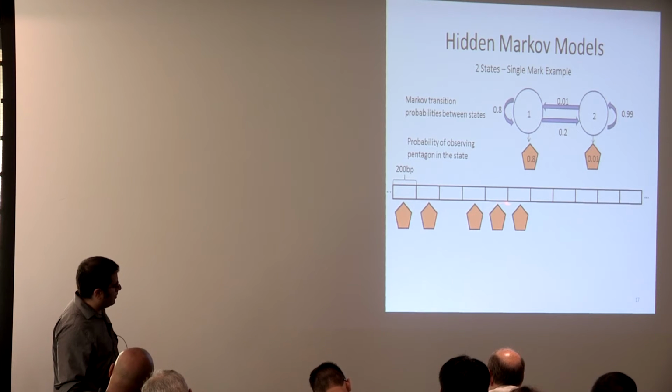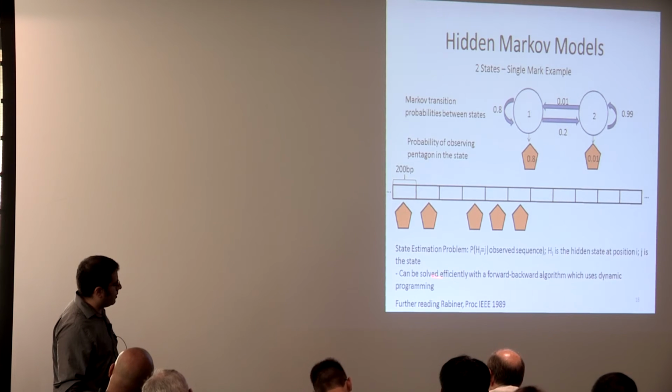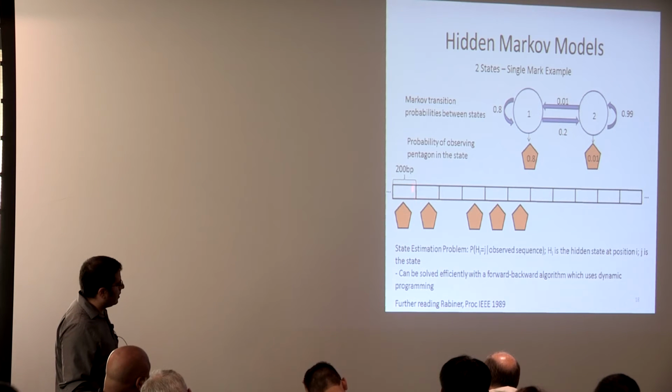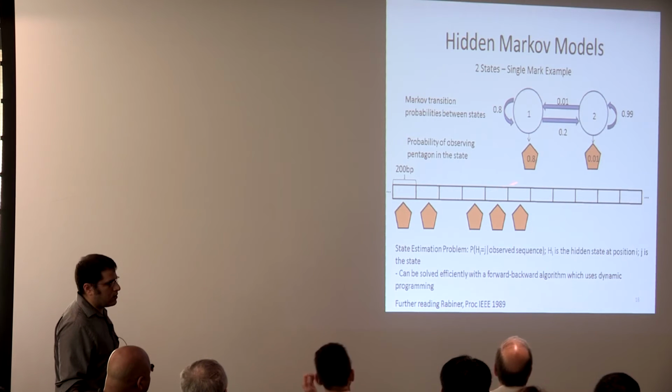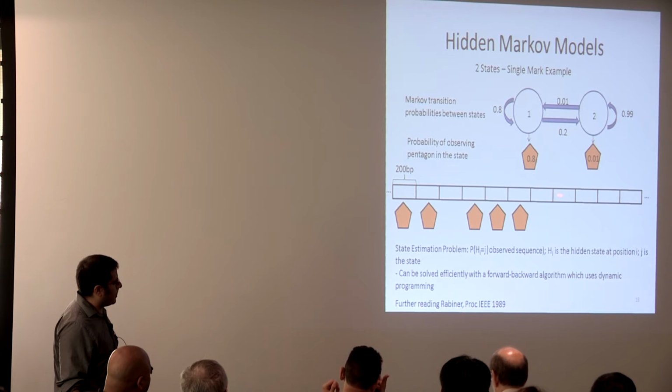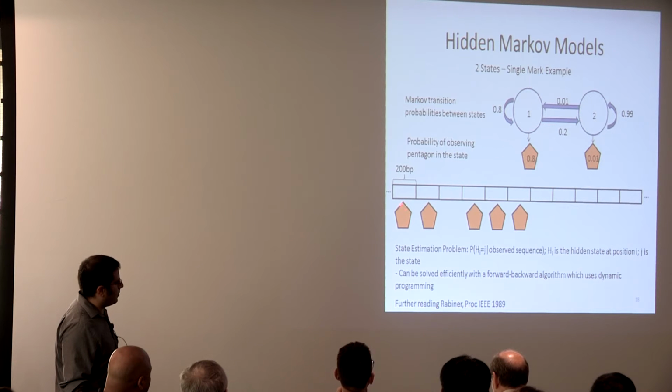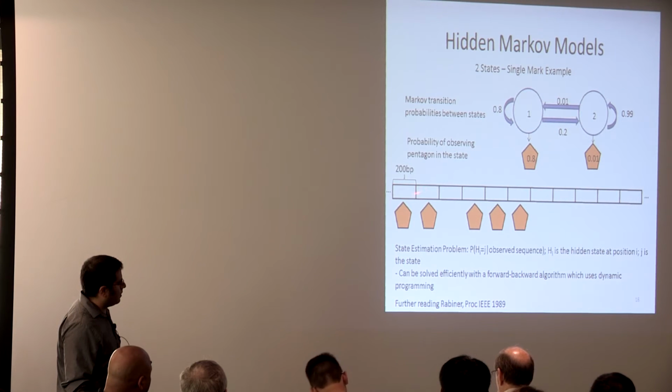One question we would want to ask is the state estimation problem. Given that we've observed these pentagons here, in this location, are we more likely in state 1 or state 2? If we didn't have any transition information, we would label this as 1, 1, then it would be 2 because we didn't observe the pentagon, and that tends to happen in state 2.